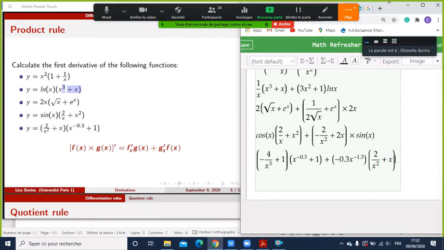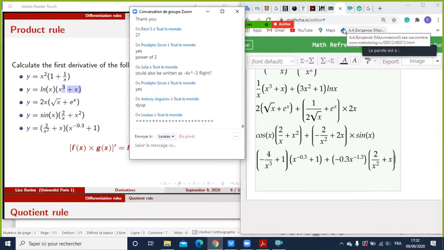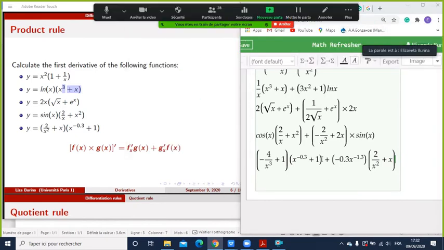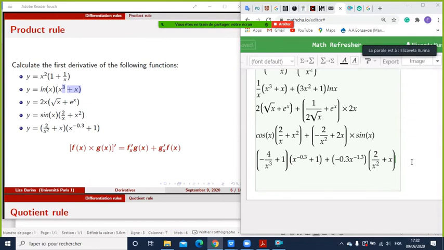Okay. Cool. So that was the product rule.